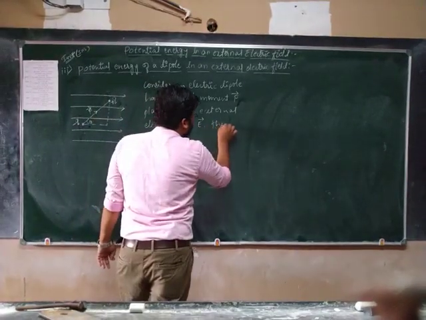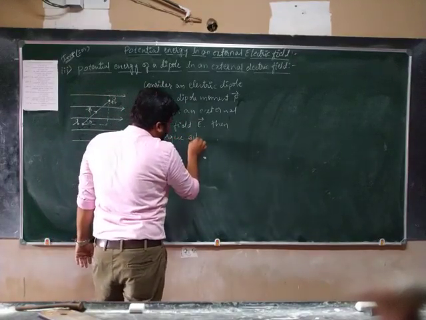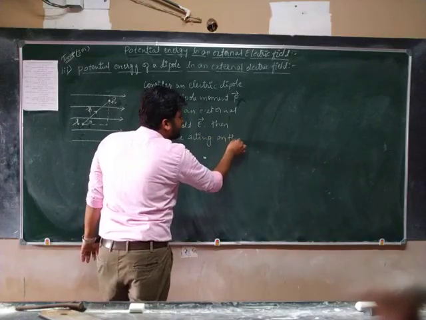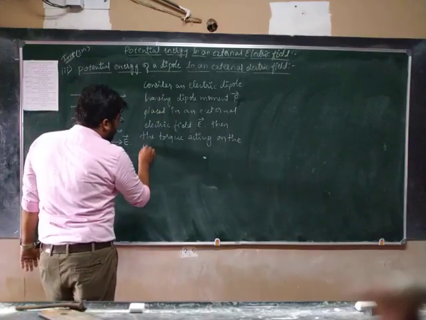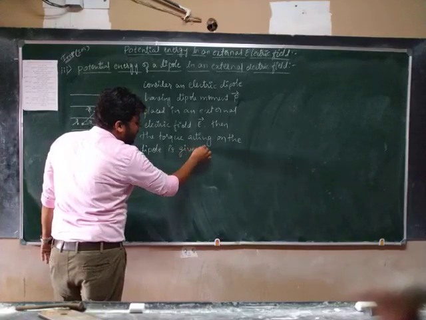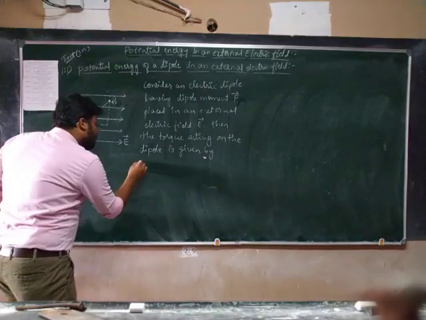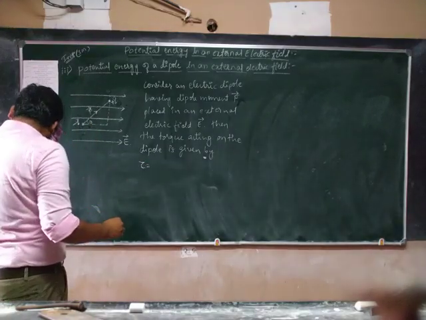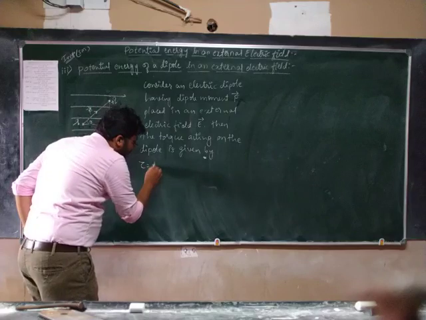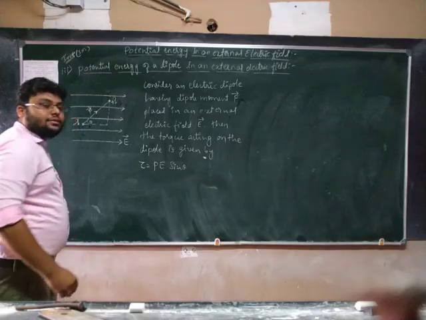Then the torque acting on the dipole is given by tau is equal to, already we have studied it in previous classes, tau is equal to pE sin theta, right?